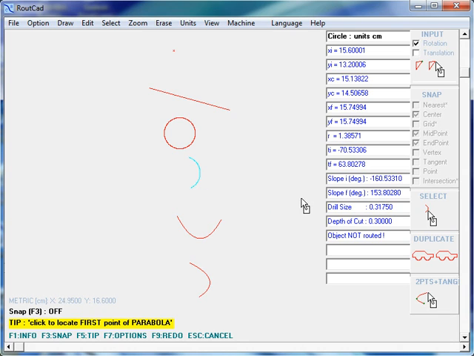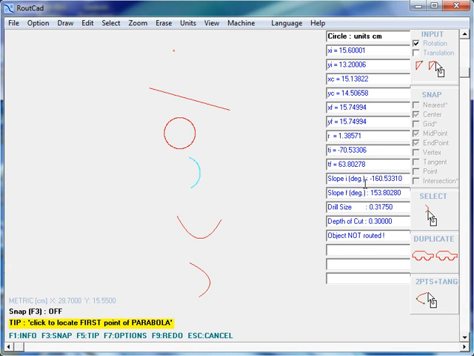Now there's something else about the properties. It is what is called the slope. The definition of a slope of an object is a line that, if you would draw a line at the end point of this object, going away from the object and tangent to the object, this is what we call the slope.